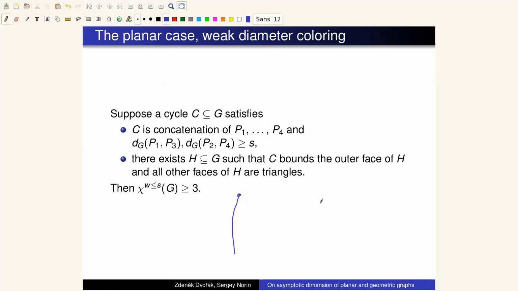What certainly is true is that if in your planar graph you happen to have a cycle where the left part is far from the right part, and the top part is far from the bottom part, and the interior is triangulated, then you cannot get a weak diameter coloring using 2 colors, because of the so-called hex lemma.